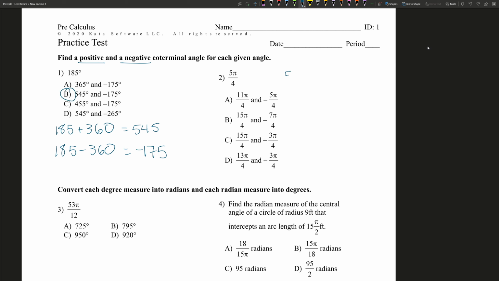Number 2, we have to add 2 pi and subtract 2 pi.